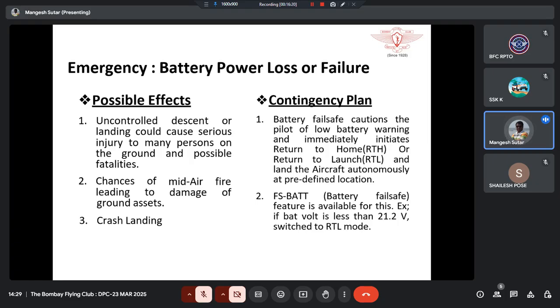Once we are at 50%, we should always keep a buffer. People have a tendency to go very far beyond, like down to 10%, or they may fly up to 20% and 10%, and then sometimes the drone is not able to take the commands, or not able to come back from far off.